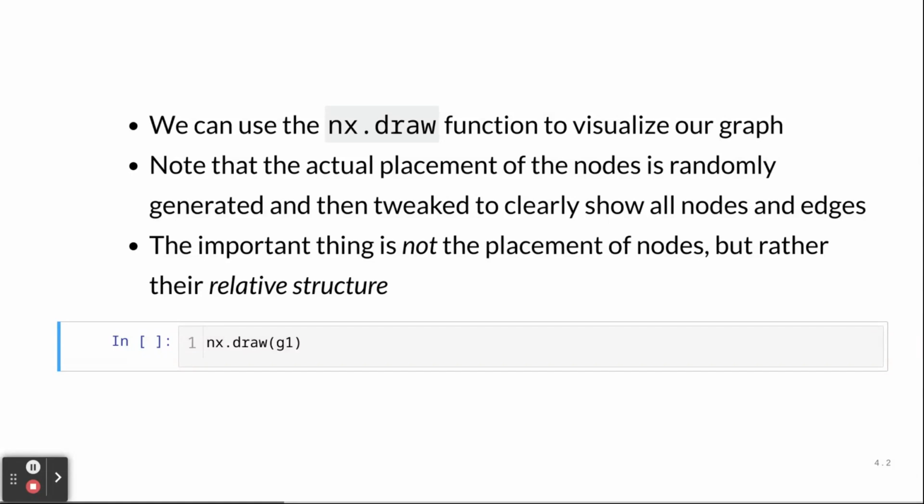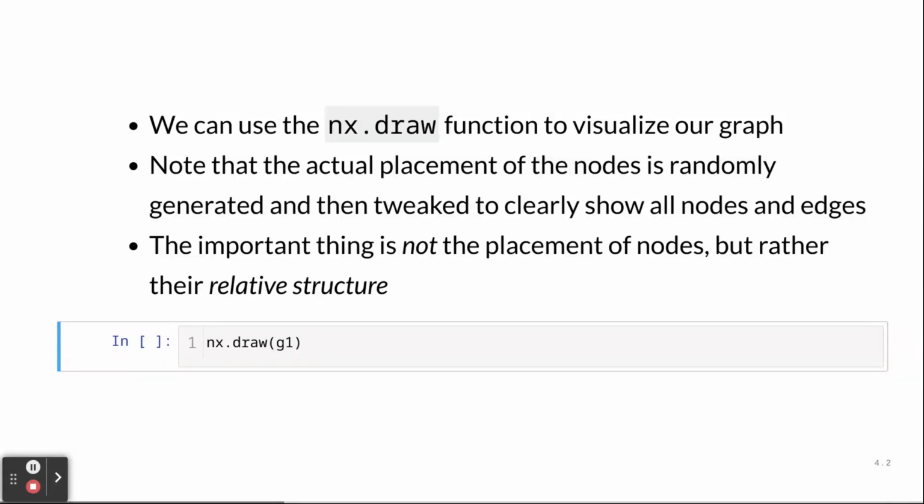What happens under the hood when you ask NetworkX to construct a plot of our graph is that it will first assign a random position to every node, and then it will move them around a little bit, kind of jiggle the positions from their initial random conditions so that all nodes are clearly visible and the edges are also somewhat equally spaced.